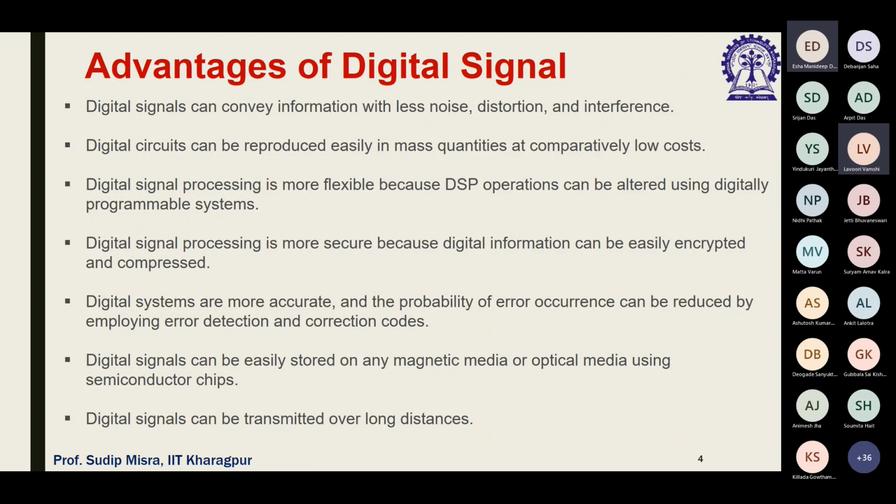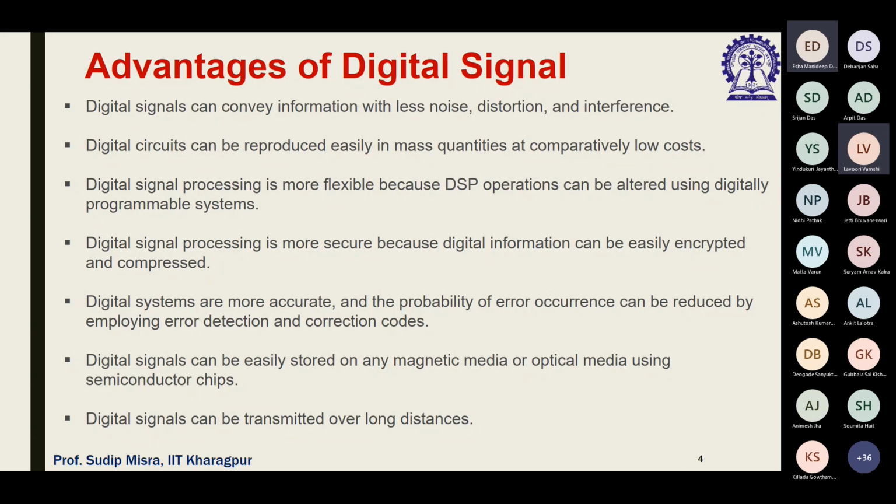Digital circuits can be reproduced easily in mass quantities at relatively low costs. This is an advantage, right? Compared to analog circuits, digital circuits are more reproducible at low costs. Digital signal processing is more flexible because DSP operations can be altered using digitally programmable systems.